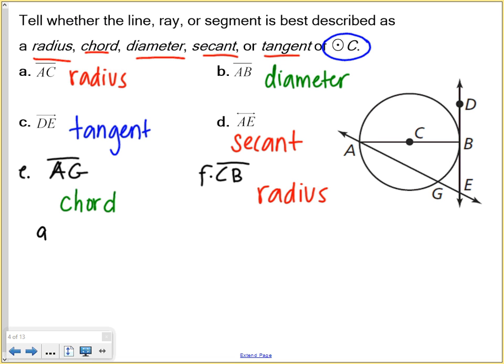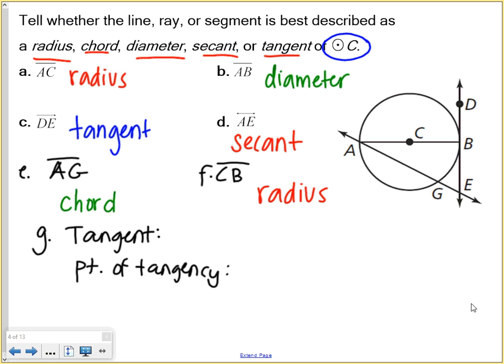Now the last problem says, name a tangent, and then name a point of tangency. So I just want to clarify that the tangent's the line on the outside, and there are a lot of different ways to name that, because you can name it as a line, a ray, or a segment, first of all, and then you can use any of those points.